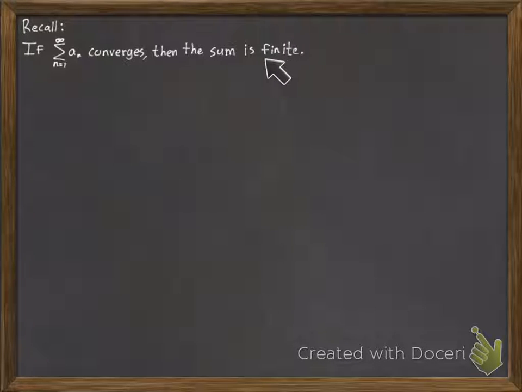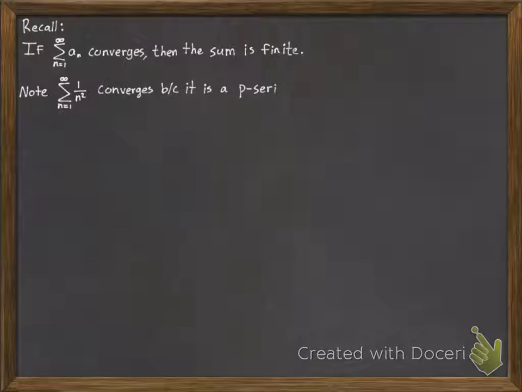Very important concept to remember. Now, the one series we were looking at, this 1 over n squared, converges because it's a p-series with p equals 2. Remember the p-test said that p had to be greater than 1, and 2 is certainly greater than 1.